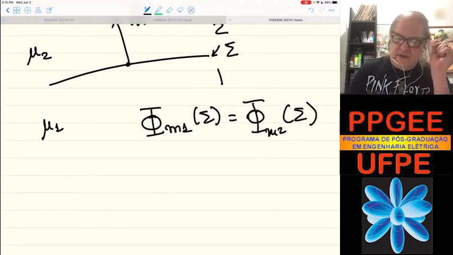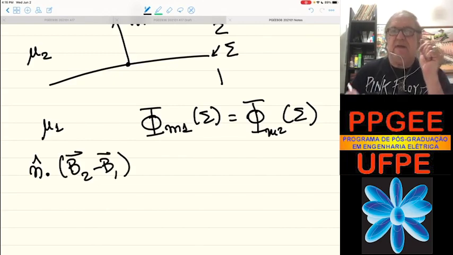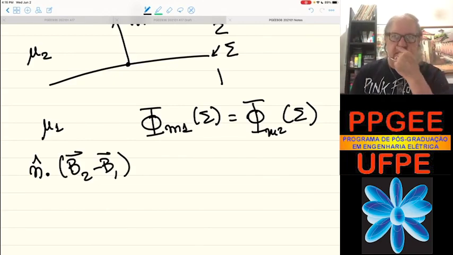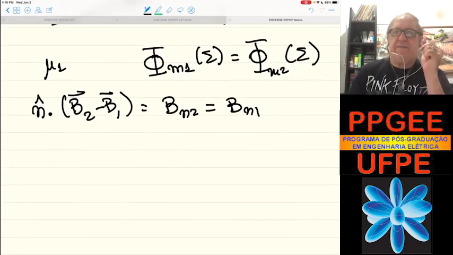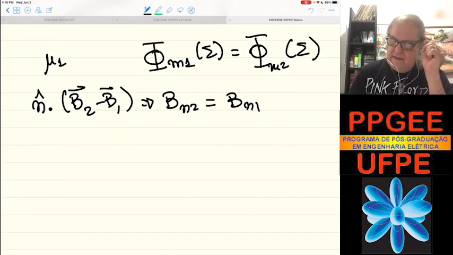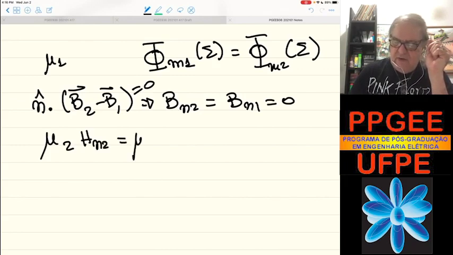The second condition comes from the continuity of the normal component of B. We know that in whatever the medium, normal B is continuous. So it means that B normal 2 equals B normal 1. We relate B to H: mu 2 H2 normal equals mu 1 H1 normal.